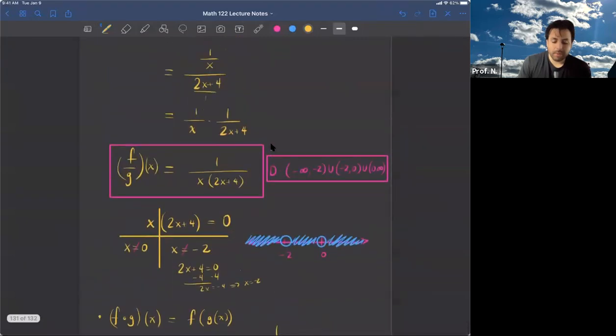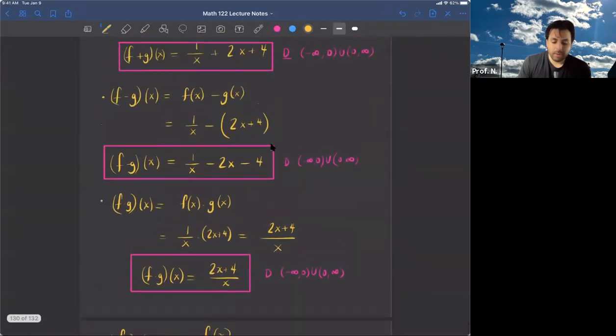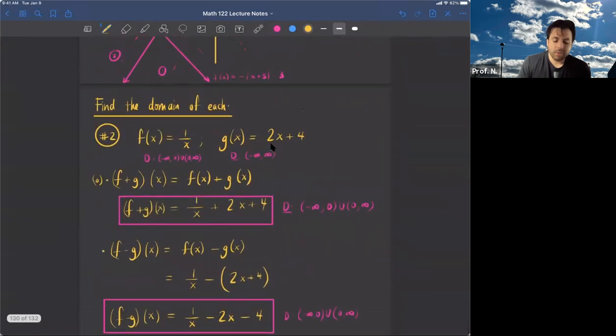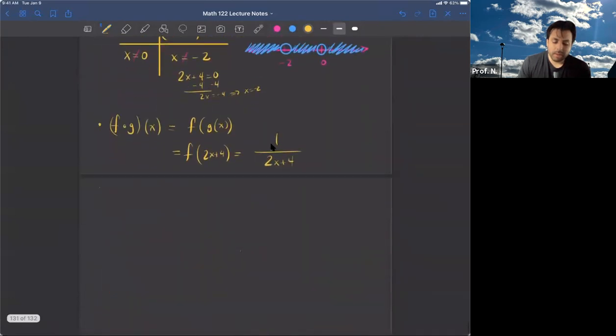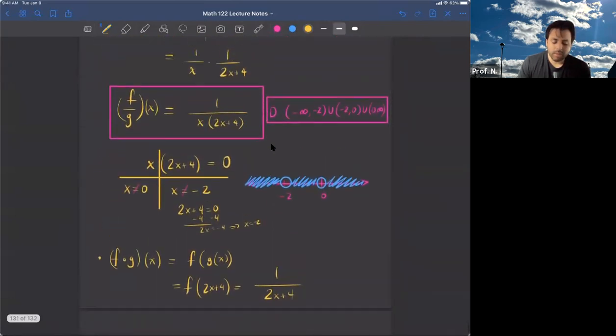Now remember, I'm applying g of x first, and then I'm considering what are the x values of this function. Can I plug in any x value into this? What's the issue? The issue again is that this cannot be 0.